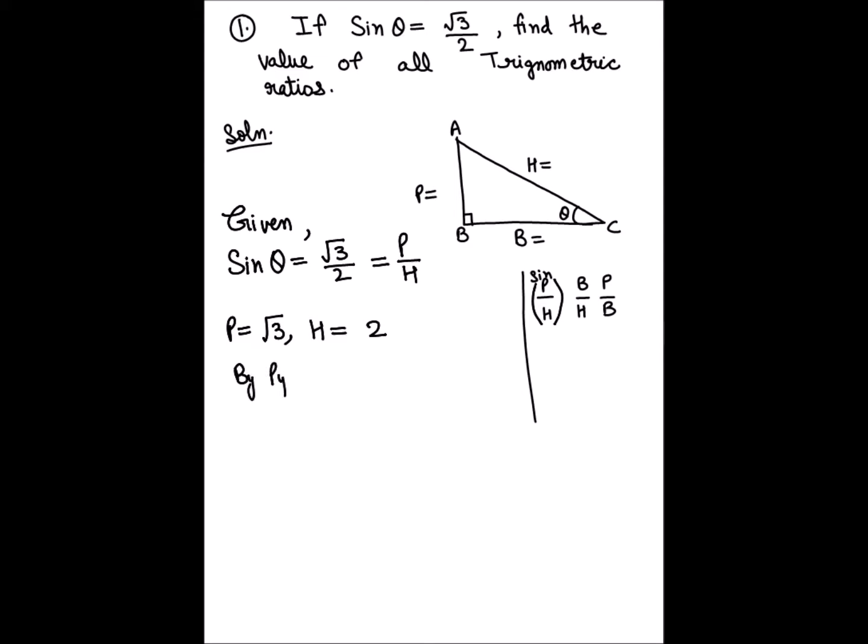Now if we apply Pythagoras theorem on triangle ABC, we can find the value of B, because Pythagoras theorem says hypotenuse square is equal to the sum of squares of perpendicular and base.